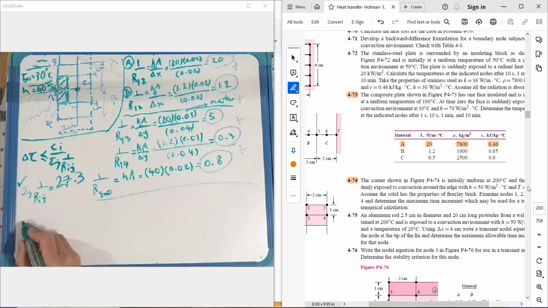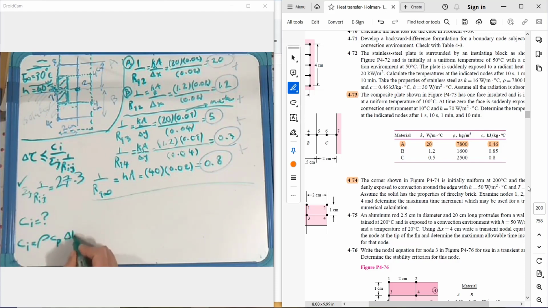What else should I calculate? C1. What is the formula for C1? Rho Cp, which is heat capacity. What is rho? Density of the material.